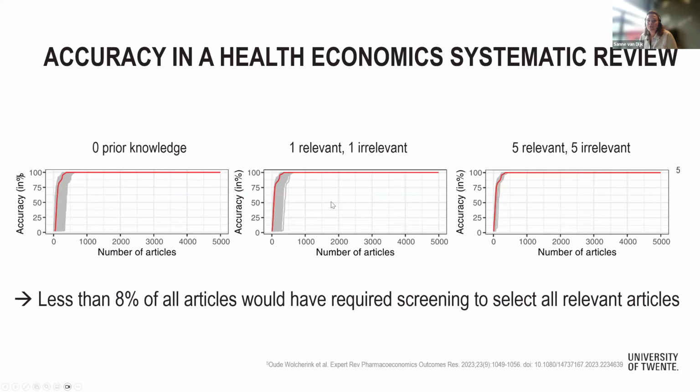So 1,000 simulation rounds were run with varying numbers of prior knowledge. So these are the numbers of papers that are labeled before the algorithm is trained for the first time. And what we see is that regardless of how many articles are labeled prior to starting the loop, so whether that's 0 prior knowledge, 1 relevant and 1 irrelevant paper, or 5 relevant and 5 irrelevant papers, regardless of the amount of prior knowledge, we see that actually less than 8% of those 5,000 articles need to be seen by the human reviewer in order to identify all 50 articles that are included in the data extraction phase.